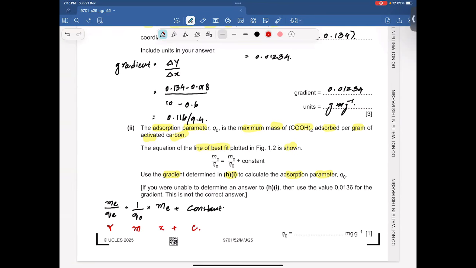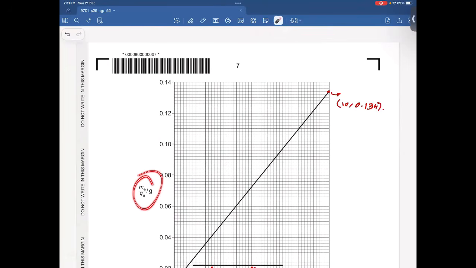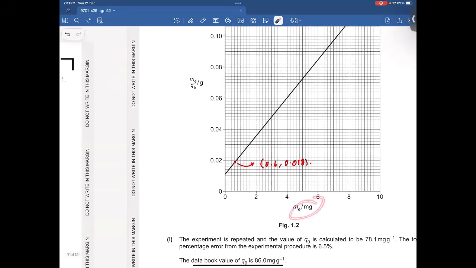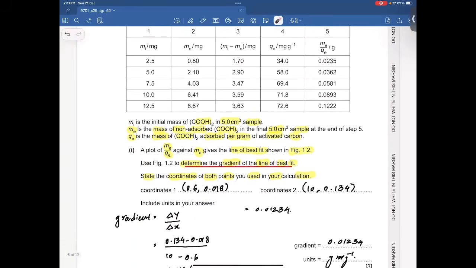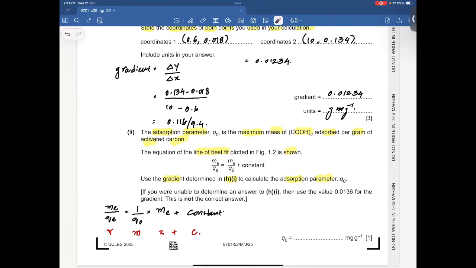Okay. So by the way, Me over QE has to be on the y-axis and Me on the x-axis. That's what I have plotted here. Using this information, use this one. So gradient, this is my first point, this is my second point.